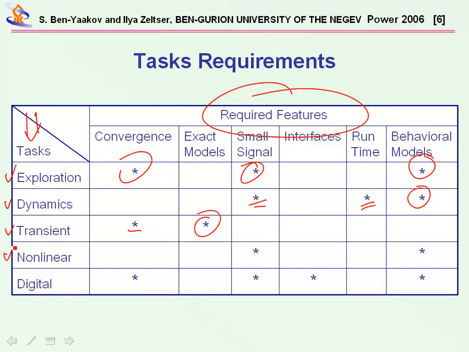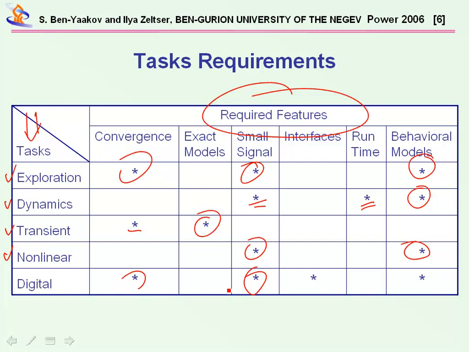For nonlinear analysis, we would like to again be able to linearize the system because we would like to look at the small signal response, and again behavioral models to be able to model a nonlinear element or process.